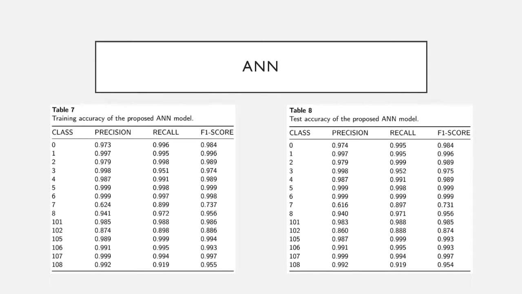As for the results, they are quite good. Generally, they are at least 90%, all the way up to almost 100% in both precision and recall, resulting in high F1 scores. The overall training and testing accuracy is 98.8%.